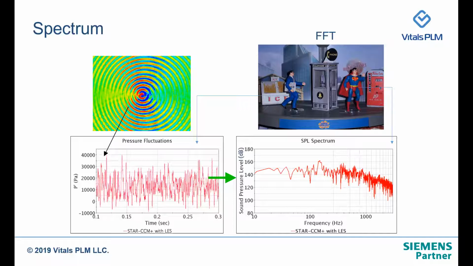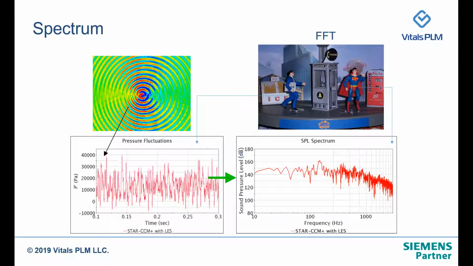Here we can see that at 150 hertz the sound pressure levels are significant, which means the random pressure signal for a time period of 0.3 seconds has a dominating frequency at 150 hertz, with sound pressure levels of more than 160 dB.